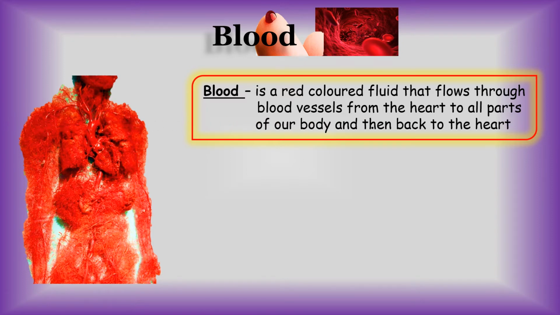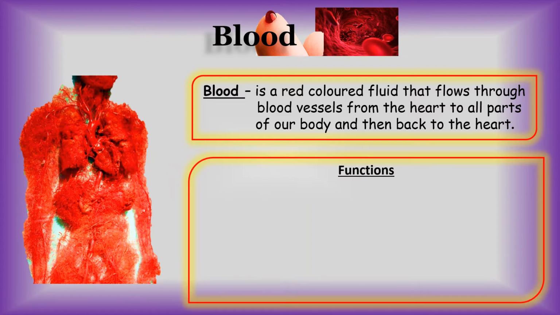Blood vessels collect blood from the heart and give it to all parts of our body, and again collect blood without oxygen from our body and send it back to the heart. So basically, in our body, blood acts like a vehicle and blood vessels act like a road. Now let's see, children, what are the functions of blood.